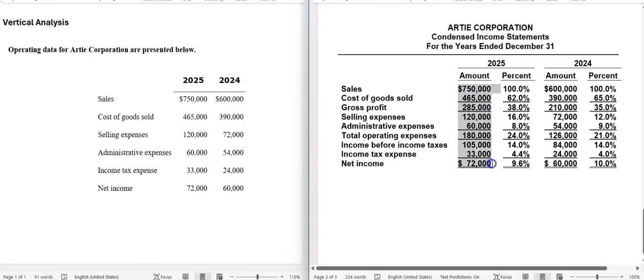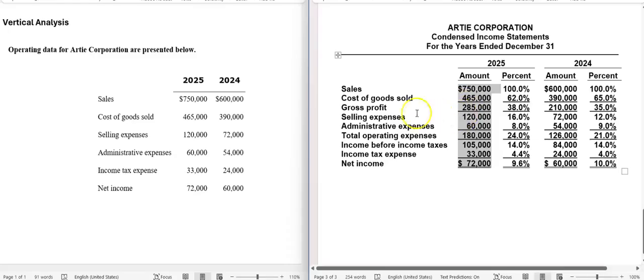So here is 2025's revenues minus cost of goods sold, which calculates our gross profit. Recall that gross profit is reporting the amount of profits made off of just selling the inventory, off of their core operations. But that is not the same thing as net income because gross profit is a measure after subtracting just one expense.